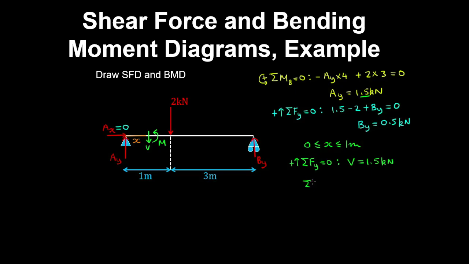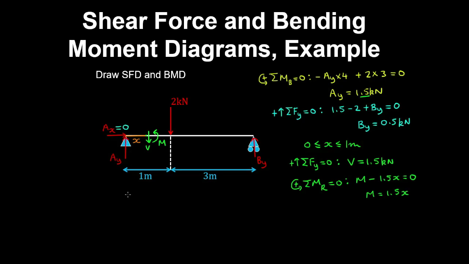And then taking an equilibrium of moments about the right point of that cut section, with our anti-clockwise convention, we have M minus the reaction AY by the moment arm is 0. So therefore M is positive 1.5x.